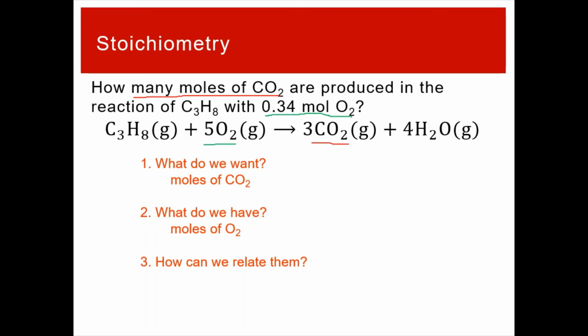So when we want to think how we can relate them, it has to be reaction coefficients. The fact that we are given an explicit reaction for them is also a really good sign that we want to be using these coefficients, that 5 and that 3. And that's going to allow us to relate these different substances in the reaction, reactants and products. So let's go see what that looks like.